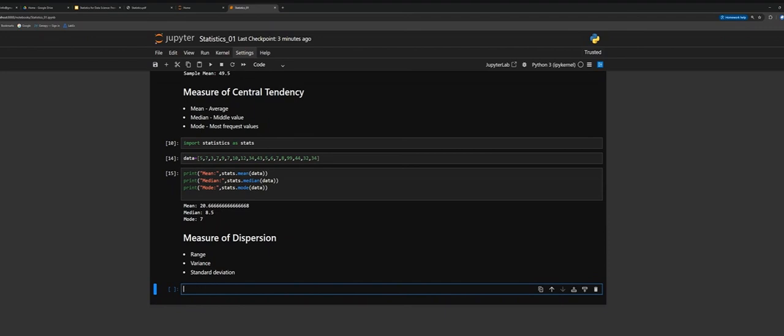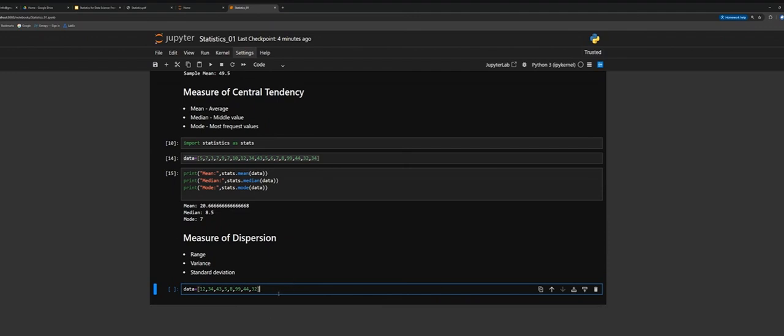Now I'll take some data points here also. I'll take just 8 data points: 1 2 3 4 5 6 7 8.